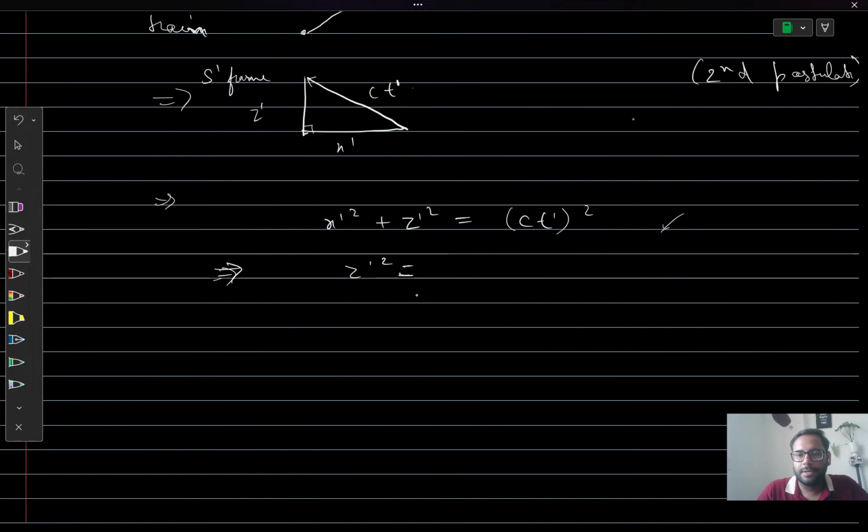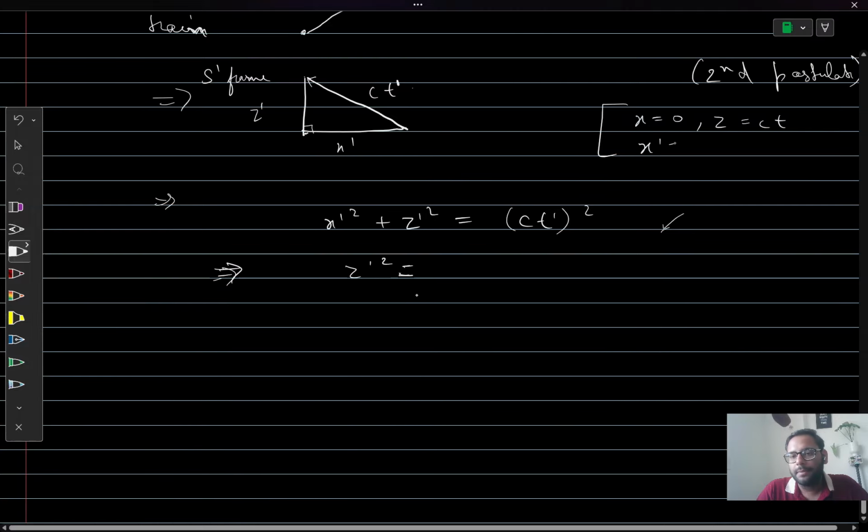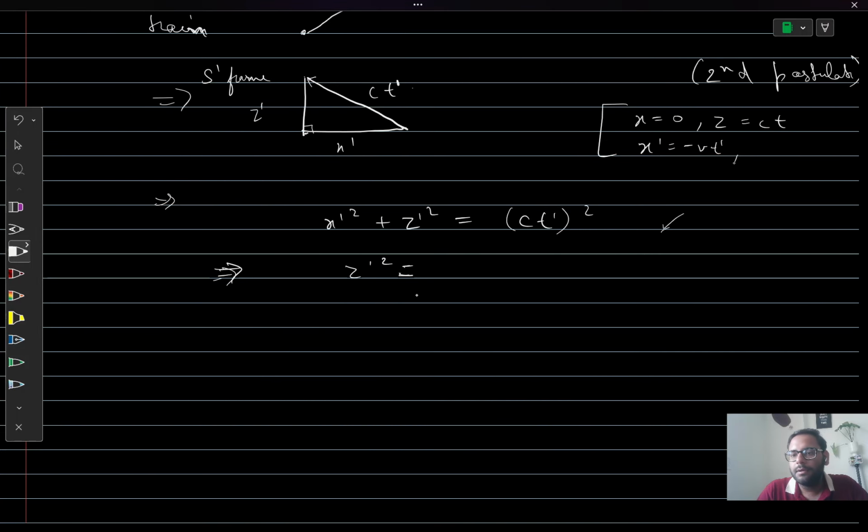In this frame we have x equals 0 and z equals ct, and of course x prime is equal to minus vt prime, so I was right actually. So ct prime is equal to this, and my x prime squared will be minus v squared t prime squared plus c squared t prime squared.